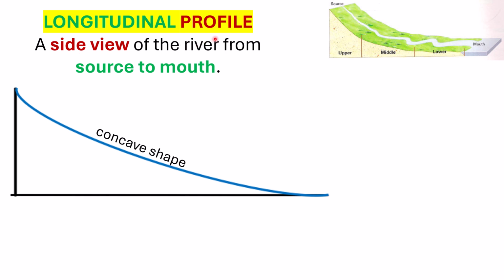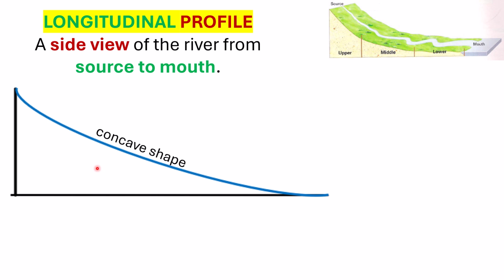The word profile often means a side view, or we use the word side view to describe what a profile is. In this case, it is a side view of the river from source all the way to its mouth. The profile drawn is a longitudinal profile, and we say that the one shown is an example of a graded longitudinal profile.